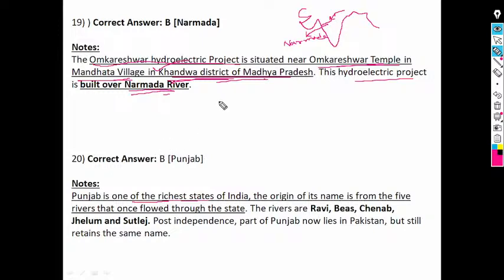Omkareshwar project, your production of electricity mainly caters to the needs of the state of Madhya Pradesh, not Chhattisgarh, and Gujarat.